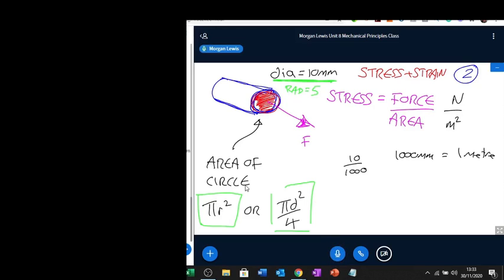It's one less mistake to make. If you use pi d squared over 4, you haven't got to bother halving because you've already got the 10. All you've got to worry about then is making sure it's in meters. That's why we divide by 1,000. So that was last week.